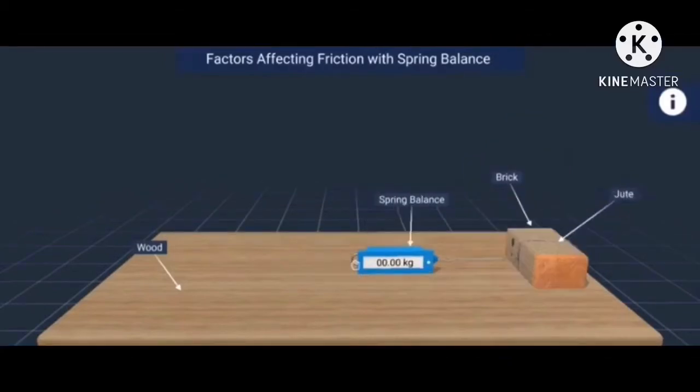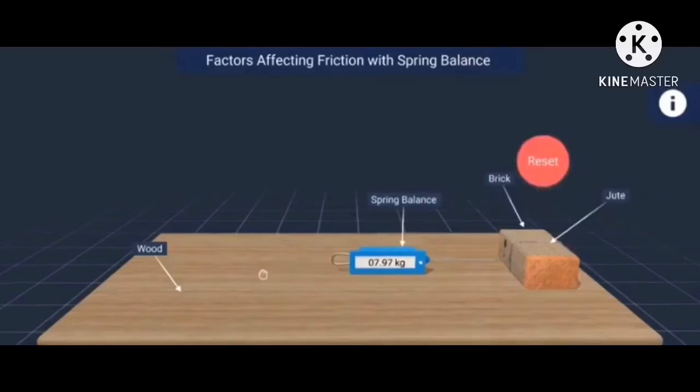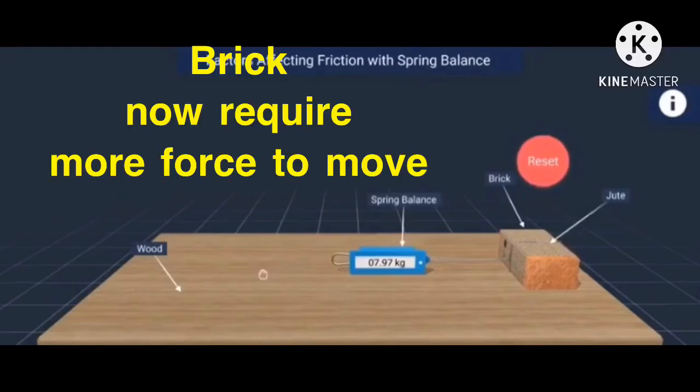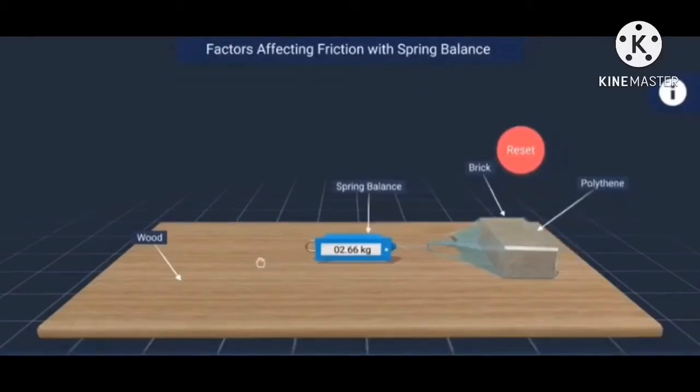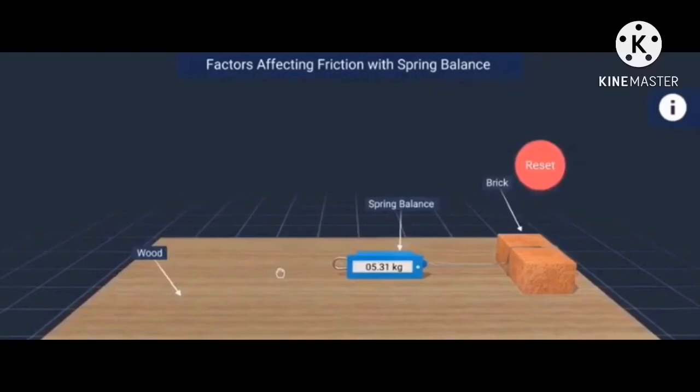Next, we repeat this activity by wrapping a piece of jute bag around the brick. We can observe the highest reading in the case of jute bag. That means the brick now requires more force to move. Which means jute cloth provides higher friction than polythene as well as wood.